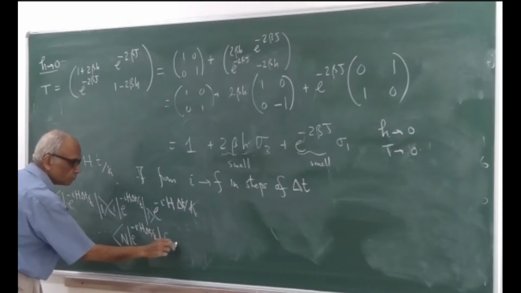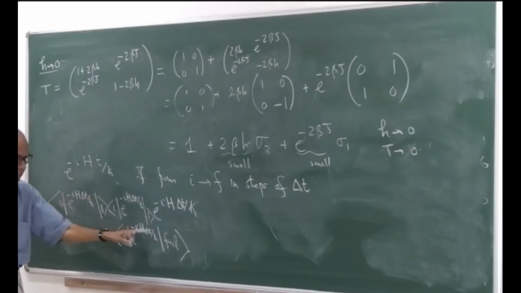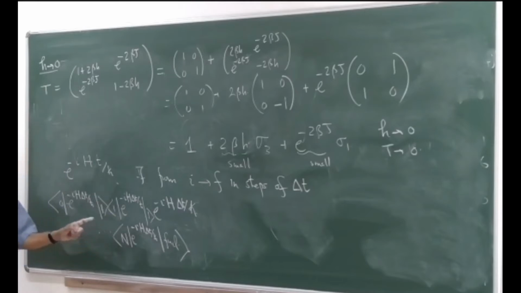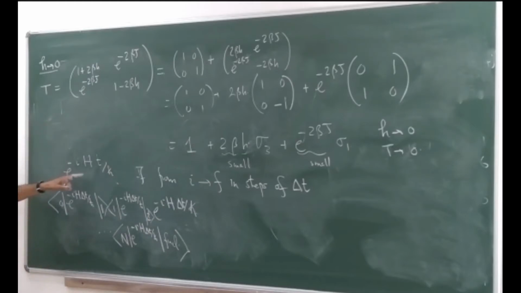So that is e to the power minus iHt over h bar, the matrix element between 0 and final broken up into these steps.